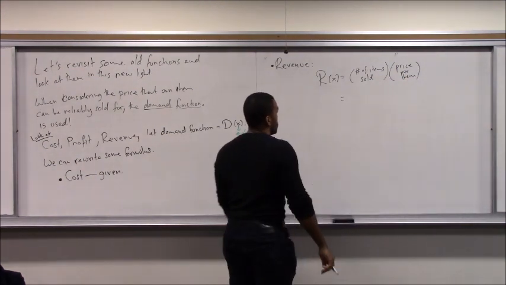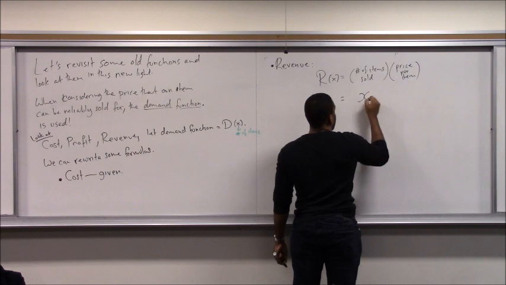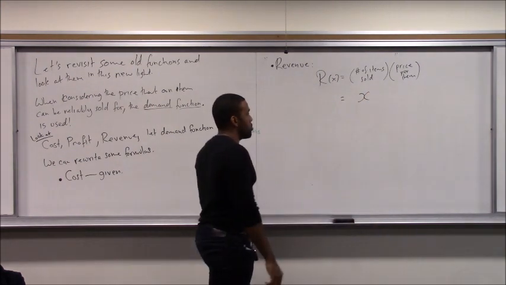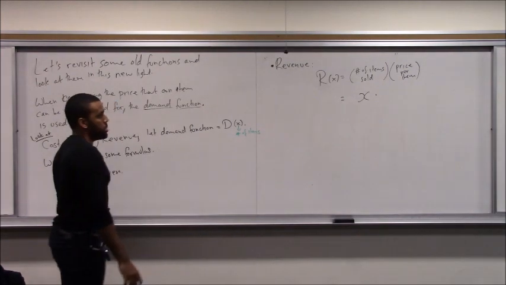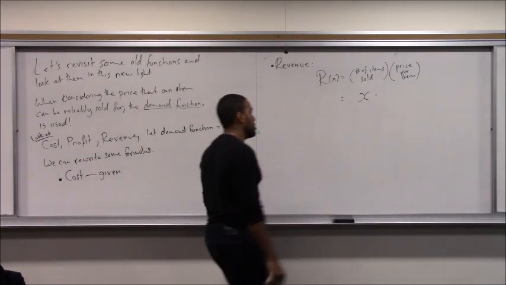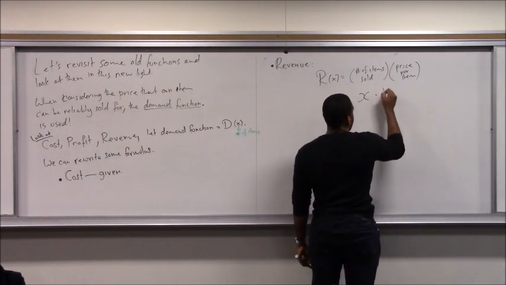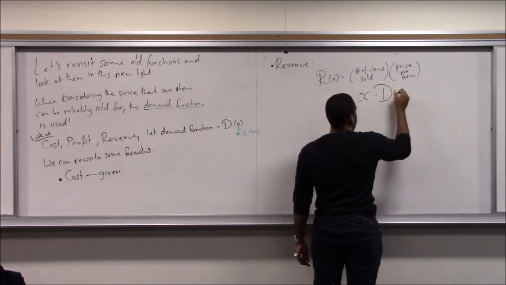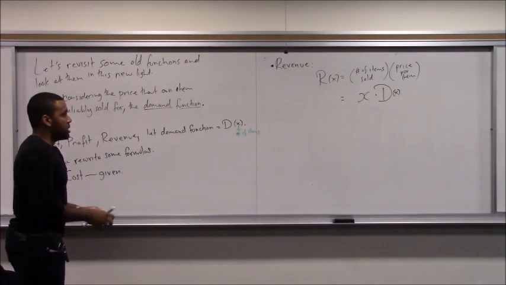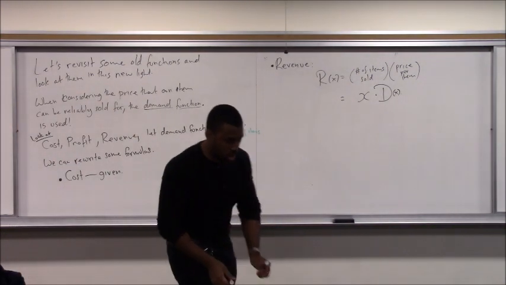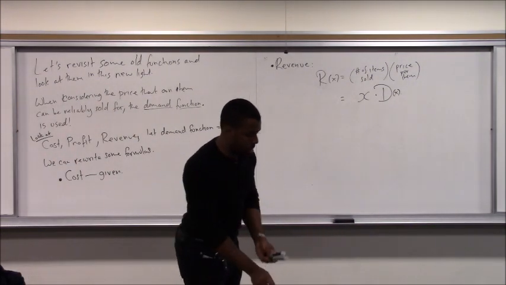So the number of items sold will be X, and the price per item, so we usually think of revenue as X times P. I want you to just be aware that we can also think of it as X times D of X. And this is to deal with a situation where maybe your price is not a constant.